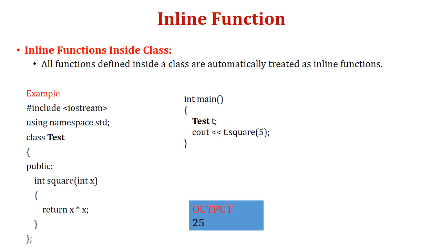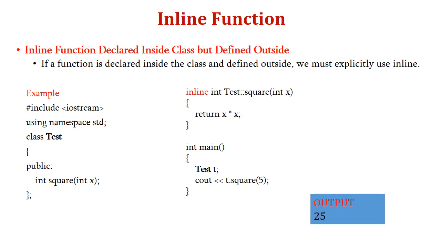Any function written inside the class is treated as an inline function. And next, inline function declared inside the class but defined outside of the class. If the function is declared inside the class and defined outside, in that case we must explicitly use inline.